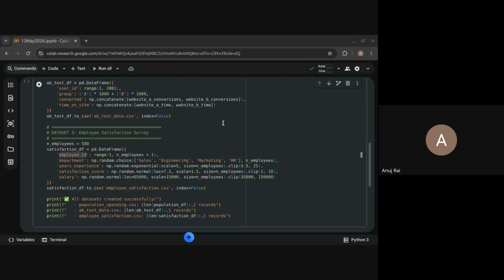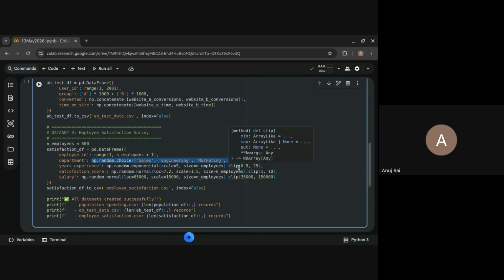So we are creating a satisfaction score of 500 employees, where we are generating random employee ID, department, and we are making a random choice for the department among these: sales, engineering, marketing, and HR. We have already covered all the NumPy random data generation. So using those things, we are generating the sample data frame: years of experience and satisfaction score.